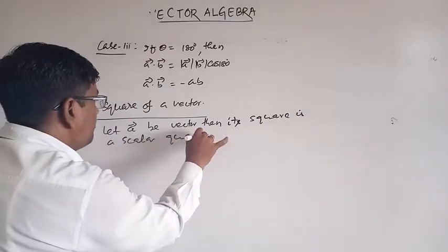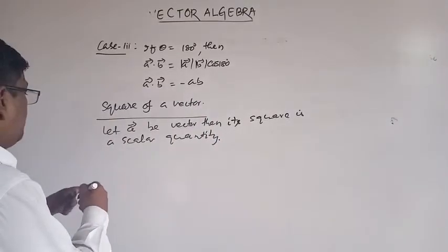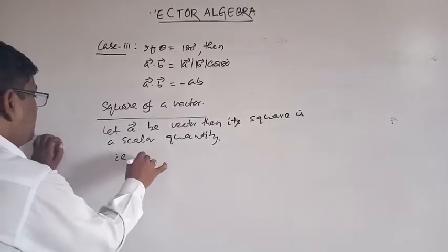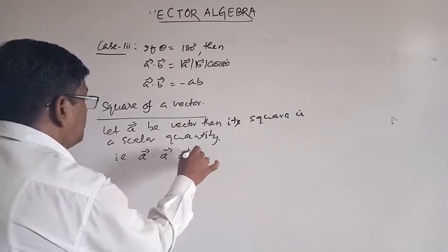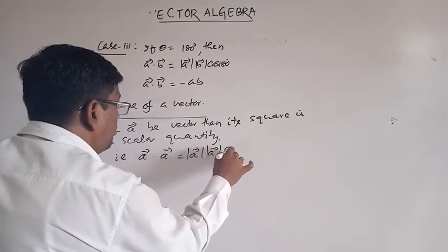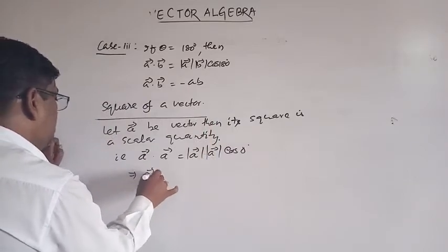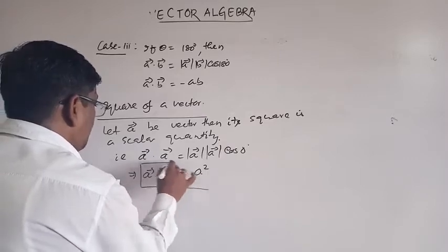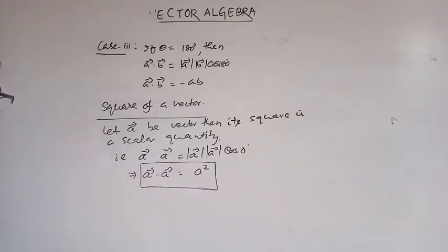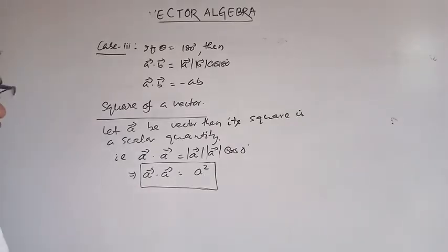Now A dot A is equal to magnitude A into magnitude A and cos 0 degree. So that implies A dot A is equal to A square. Clear?